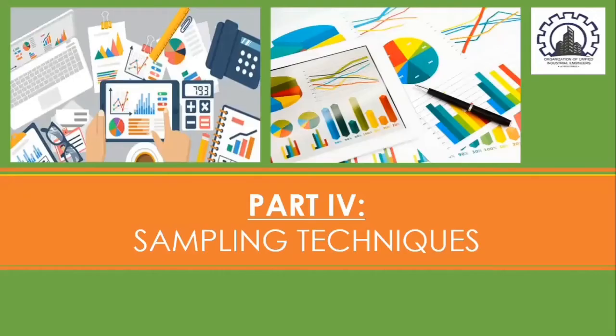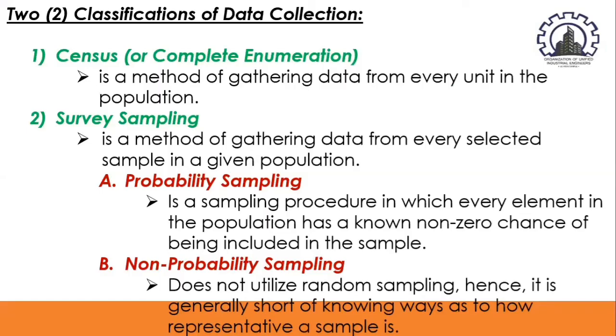And finally, our last key area that I'm going to be discussing today would be sampling techniques. Now, generally speaking, data collection can be classified into two, namely census and survey sampling. If we say census or complete enumeration, it is a method of gathering data from every unit in the population.